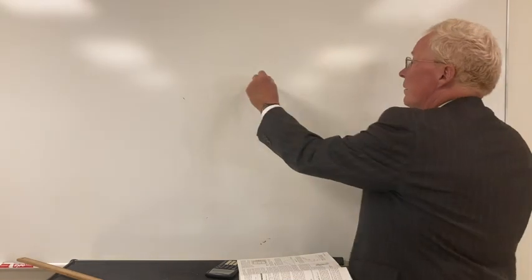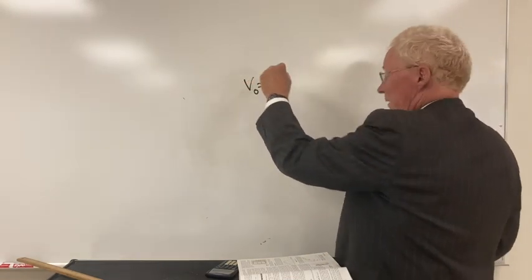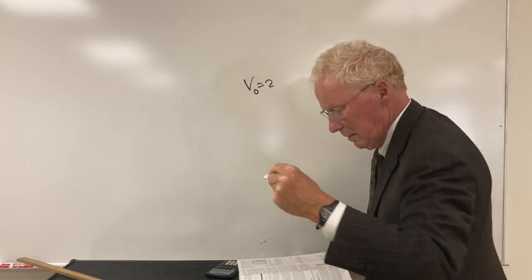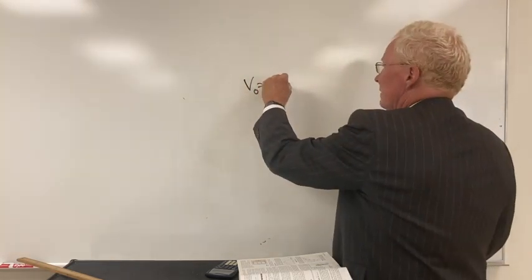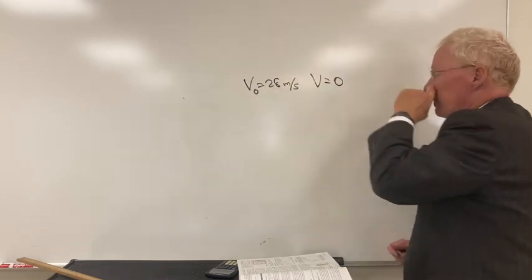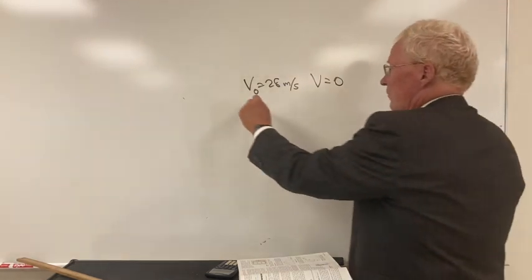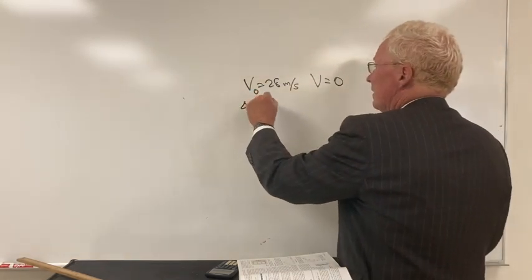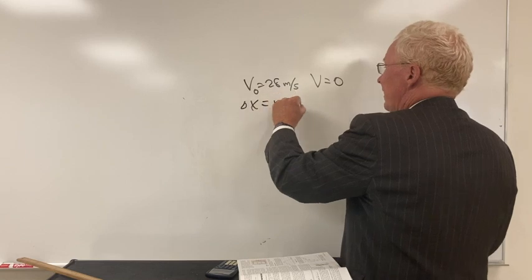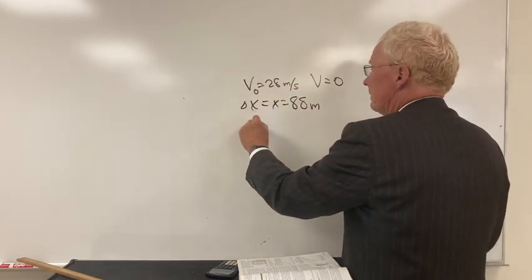We have initial velocity of 28 meters per second. Final velocity is 0. And the distance it travels, delta x, is 88 meters. The question is, what is the acceleration?